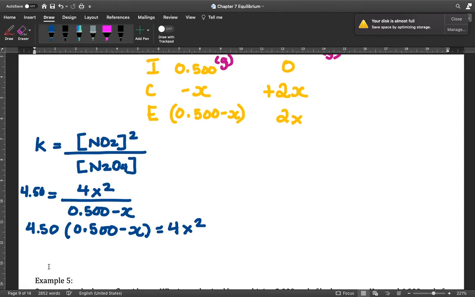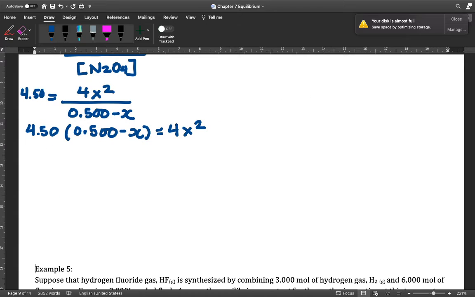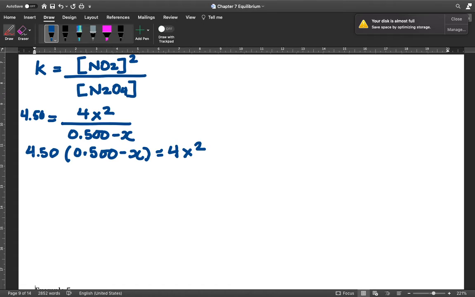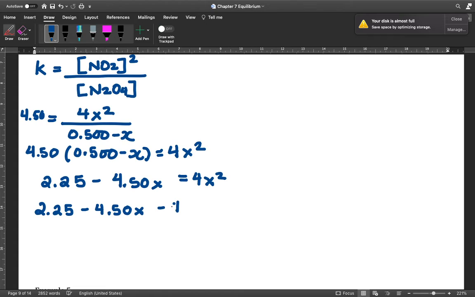And to expand on this, I am going to do 4.50 times 0.5, which is going to give me 2.25 minus 4.50x, right? So I've just multiplied this by this and this by this, is equal to 4x squared. Now moving this all onto one side, I'm going to get 2.25 minus 4.50x minus 4x squared is equal to 0.